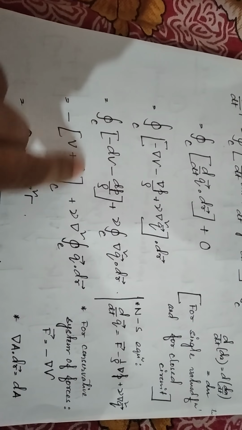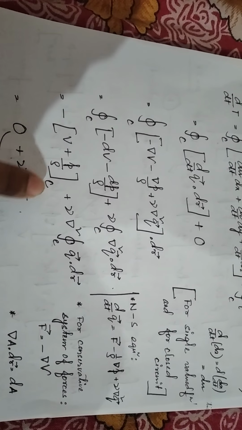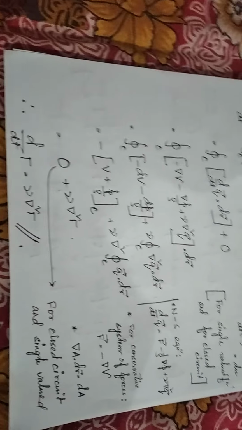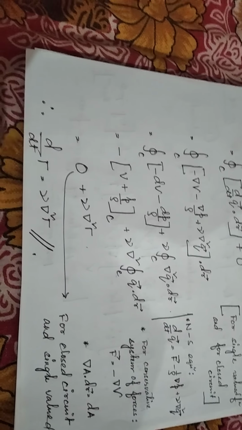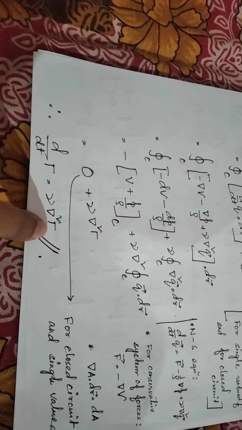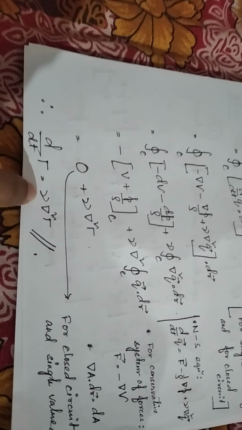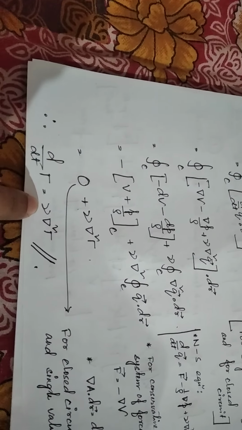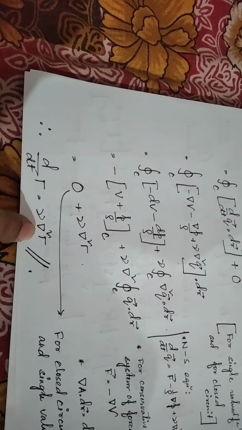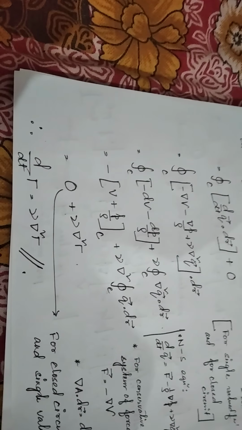Now as the first part is integrable, we have integrated it around the closed circuit, so its value will be 0. So ultimately what we have obtained is the rate of change of circulation as nu times del square of tau. Now if nu is 0, that is, if the fluid is inviscid, then d/dt of gamma will be 0, that is, gamma is constant. So this is your first article.